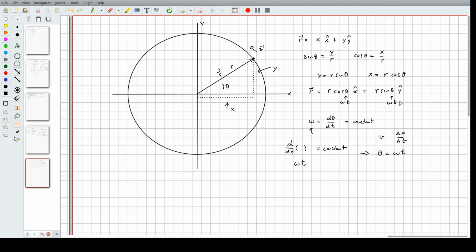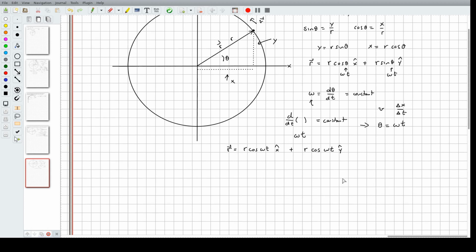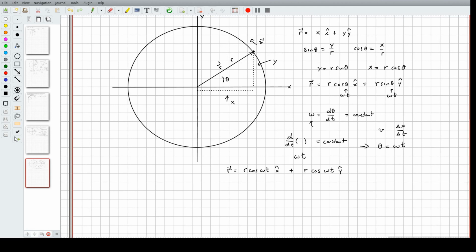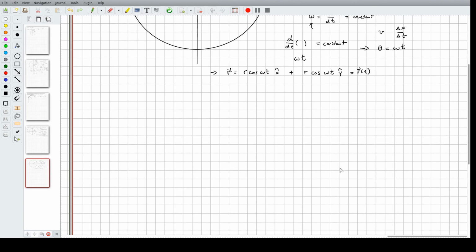Theta is omega times t. So another way that you can write your position vector here is that it's r times cosine of omega t in the x-hat direction plus r times sine of omega t in the y-hat direction. Okay? So what that means is that given our position as a function of time, we can appeal to all of those generalizations that we used to find things like velocity and acceleration.